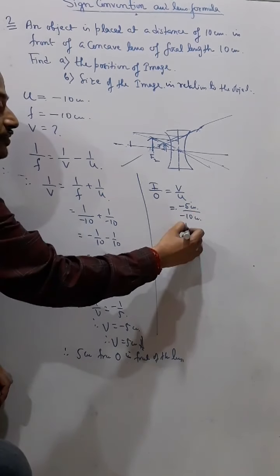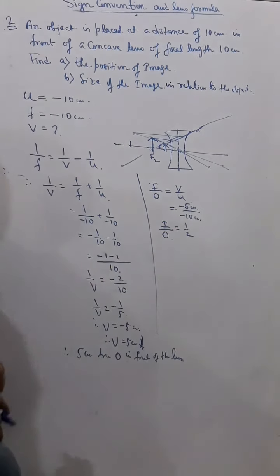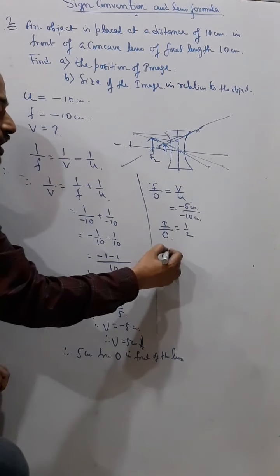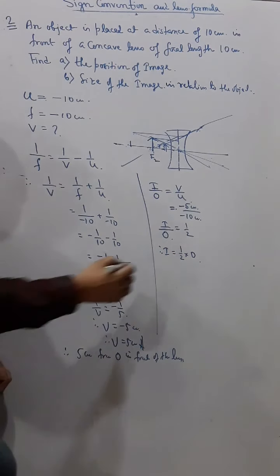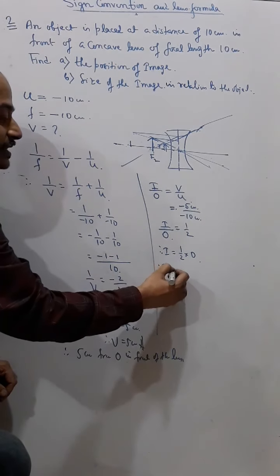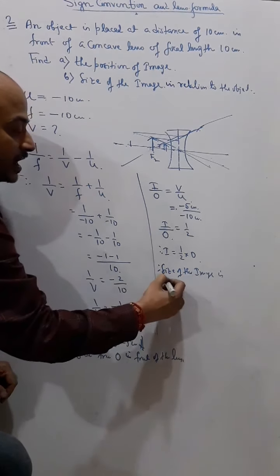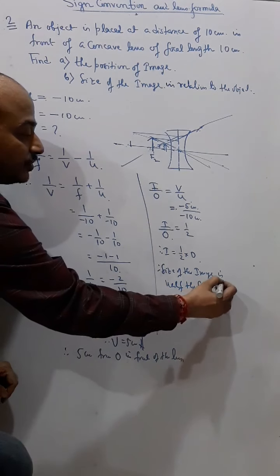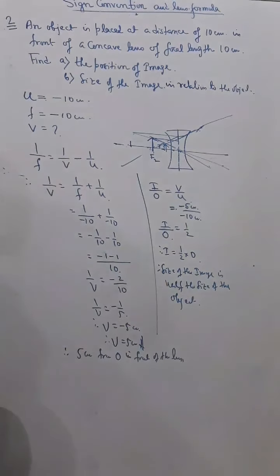So finally I got half for I by O. And they told the size of the image in relation to the object. Now I can say therefore I is equal to half of O. So therefore I can say the size of the image is half the size of the object.